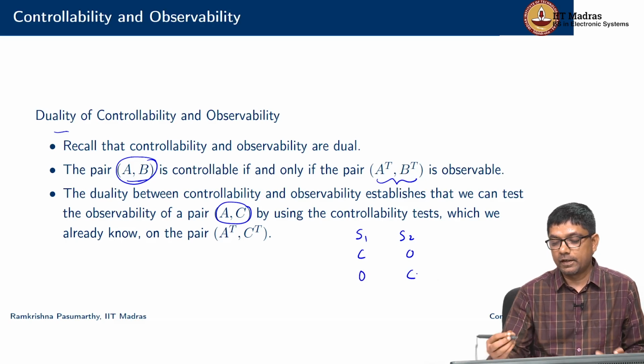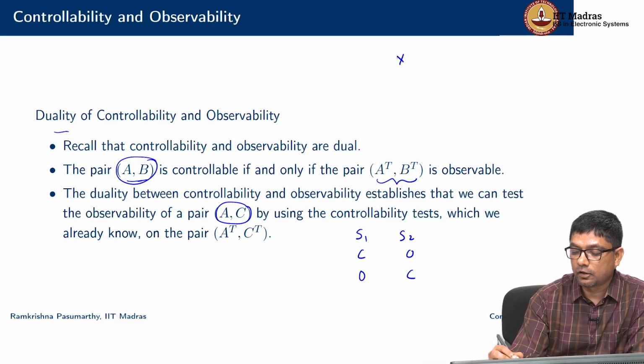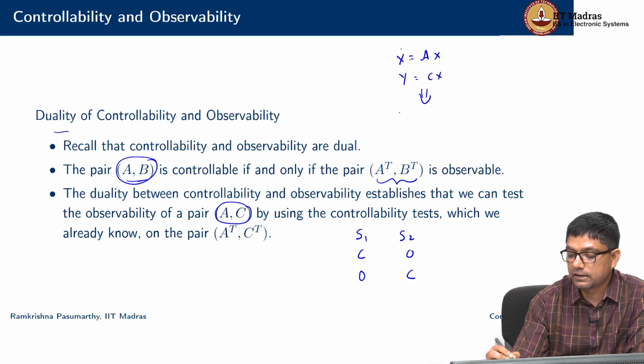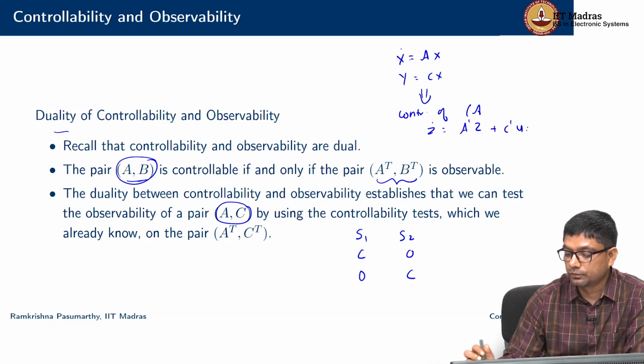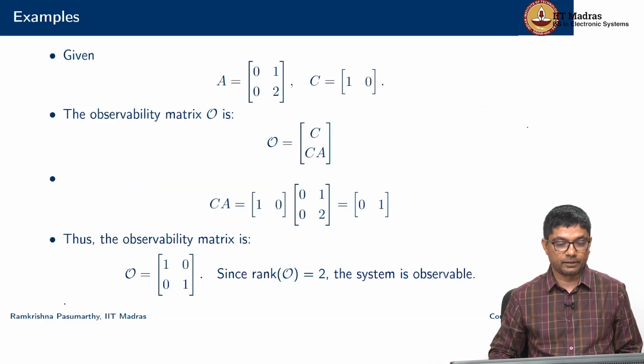Okay, why am I doing this, right? Suppose I want to look at observability properties of x dot equal to Ax, y equal to Cx, I can just translate this to controllability properties of z dot equal to A transpose z plus C transpose u. Both will mean the same.